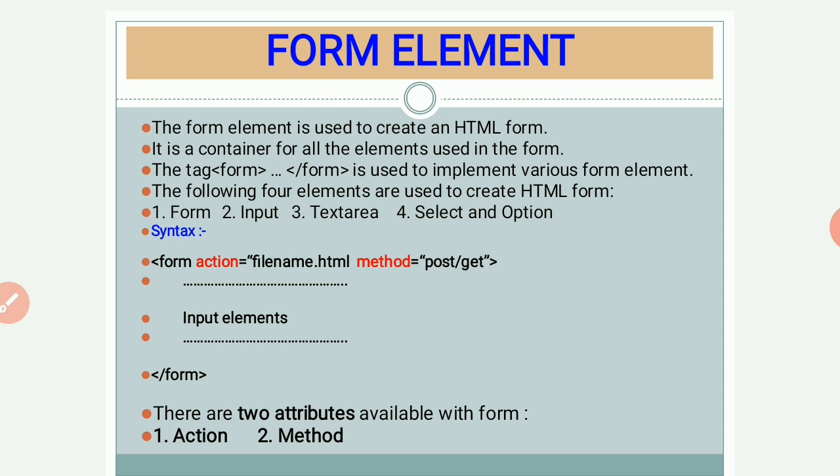Method, here 2 options are available, post and get. Now between form and slash form we can make use of the input element. There are 2 attributes available with the form. First attribute is action and second attribute is method.